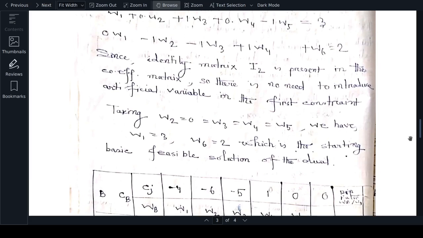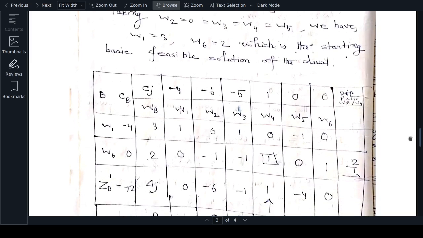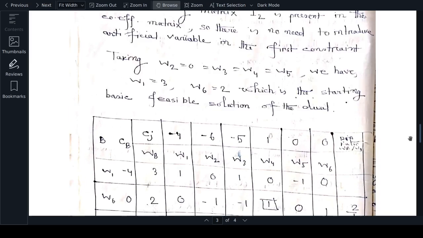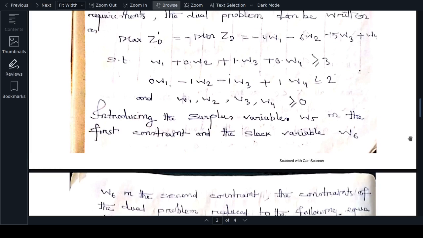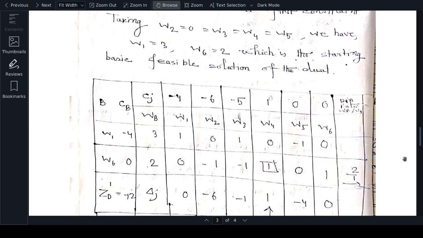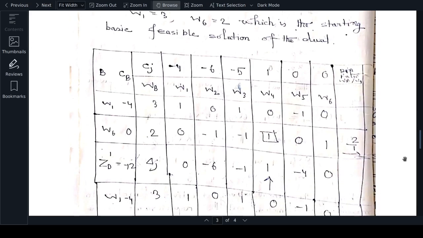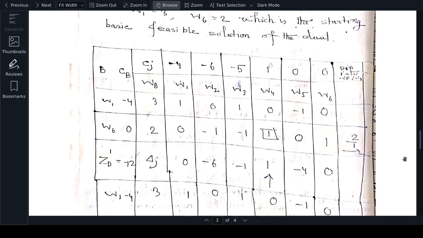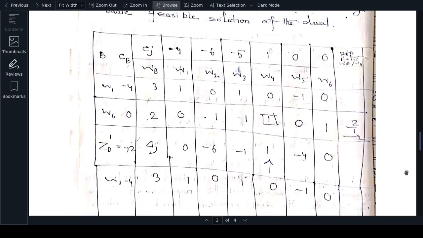Next you fill up this one: W1 column, W2 column, W3, W4, W5, W6. Here the first column of the identity matrix is W1, and the second column of the identity matrix is W6. The coefficient of W1 is -4 and the coefficient of W6 is 0. So I have written this.